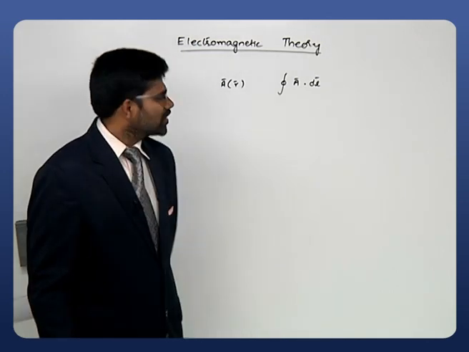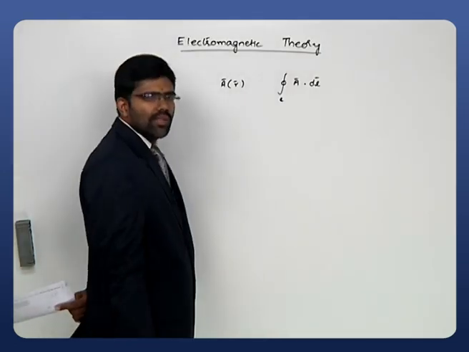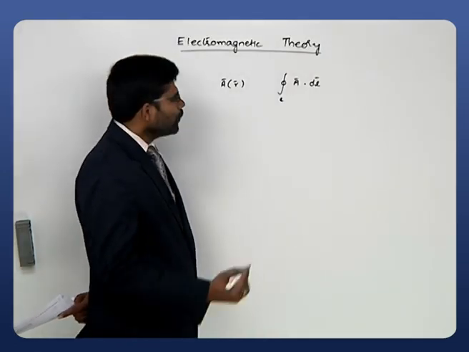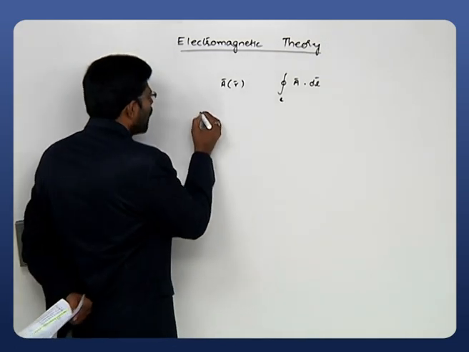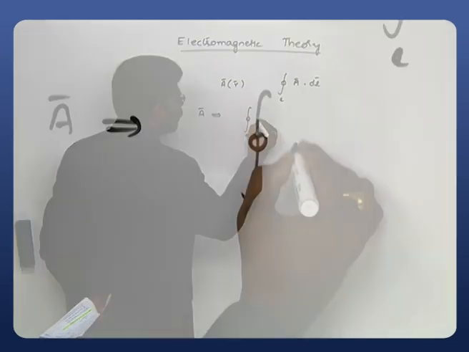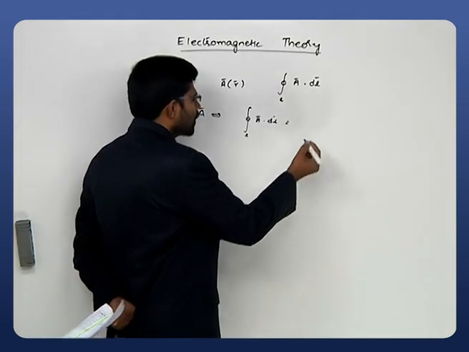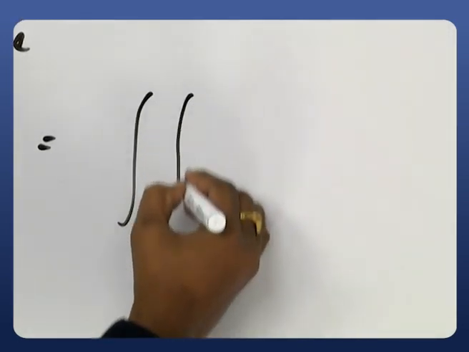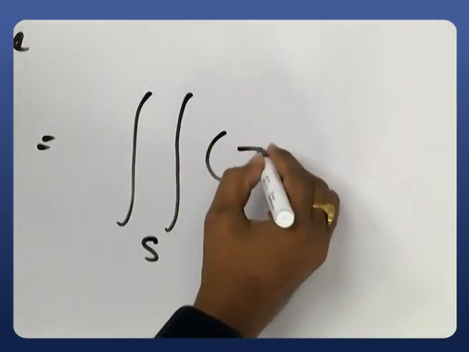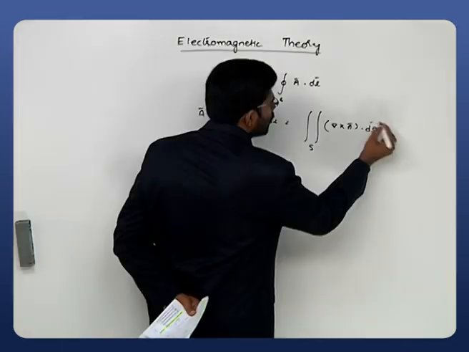Stokes theorem is useful for relating our line integral with surface integral. If we have any vector A bar, how was Stokes theorem defined? The closed line integral of A bar dot dl bar is equal to the open surface integral of del cross A bar dot ds bar.